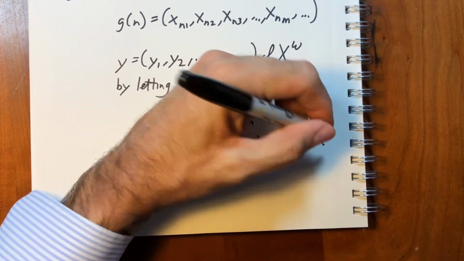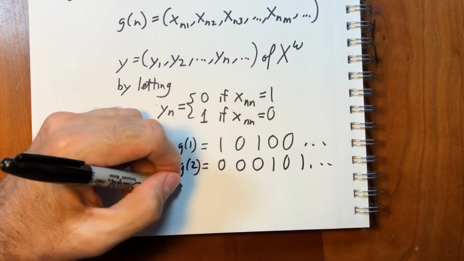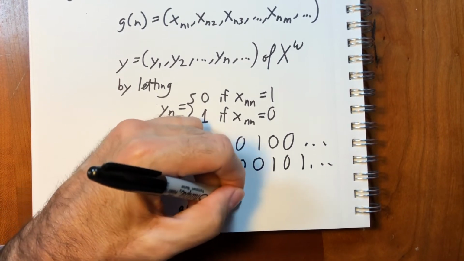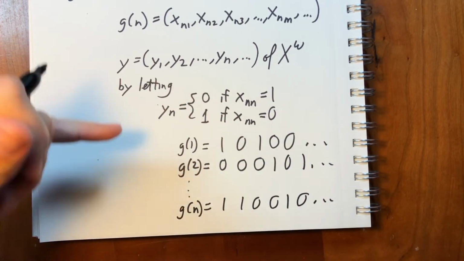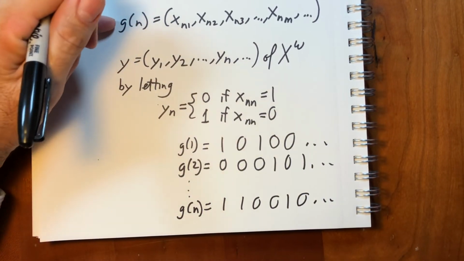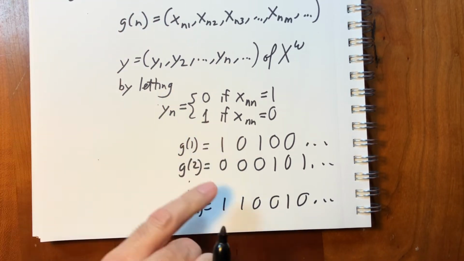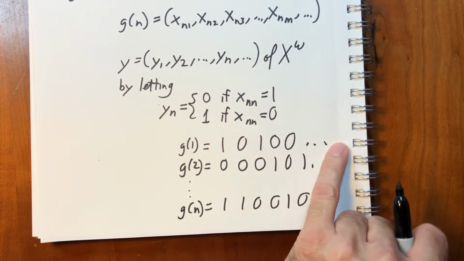I'm just making this up. And then g(2) will be something else, and so on. g(n) will be something else too. These will be anything, but the point is that no matter what the function g is, each positive integer will have a value that is an infinite omega tuple of ones and zeros, okay?